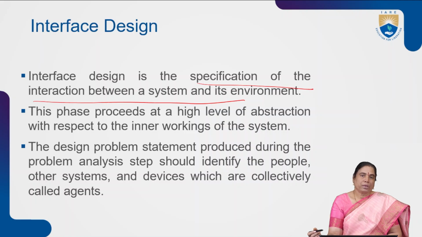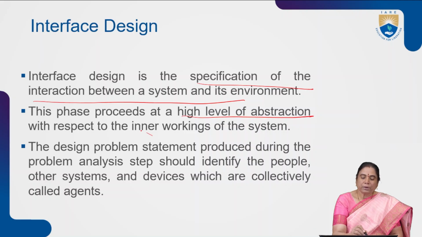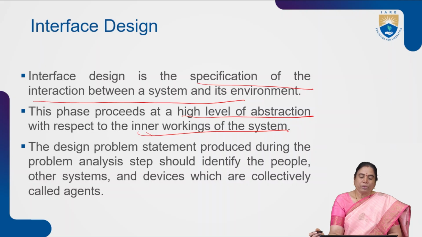These interactions can generally be implemented with application program interfaces. So, this phase proceeds at a high level of abstraction with respect to the inner workings of the system. The design problem statement produced during the problem analysis step should identify the people, the other systems, and devices, which are collectively called the agents.